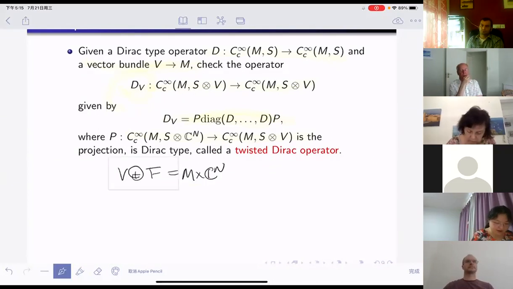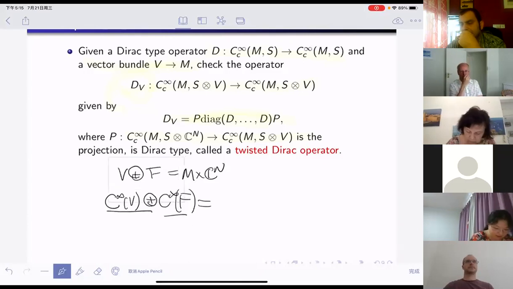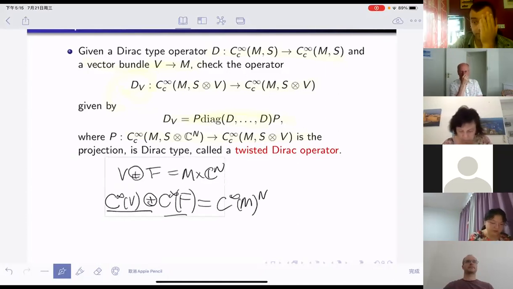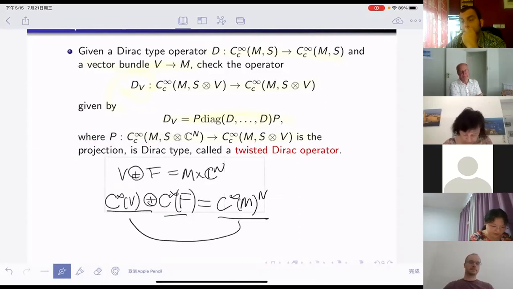Taking sections, we have a direct sum of the sections equal to C infinity(M) to the n, which is a free module. One can define a projection from this free module to this direct summand.